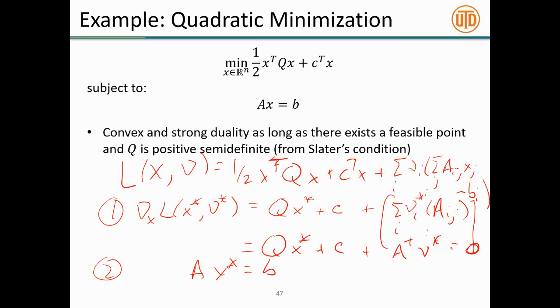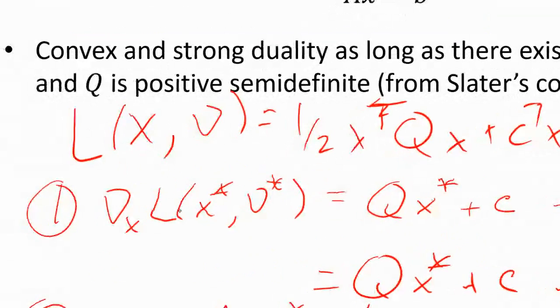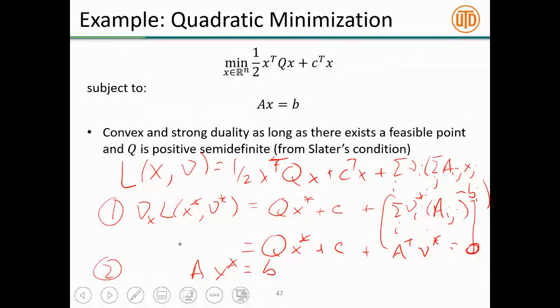If you don't have a ton of comfort with matrices and vectors, you should go back and convince yourself, for example, right, that the gradient of x transpose Qx is actually equal to Q times x. There would be a 2 in front of it if there wasn't a 1/2. But you should double check those things yourself, right? You can write it out really painfully explicitly, take the derivative and then just see that that's what the answer is. But we've seen that a couple times now, so I'm not going to go through that.